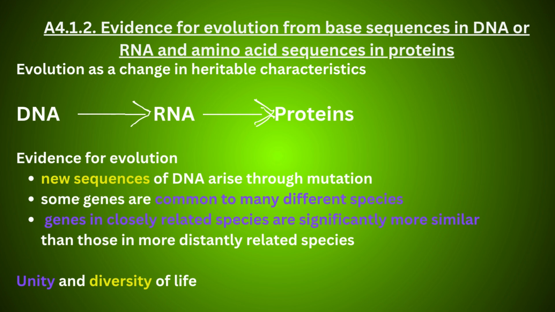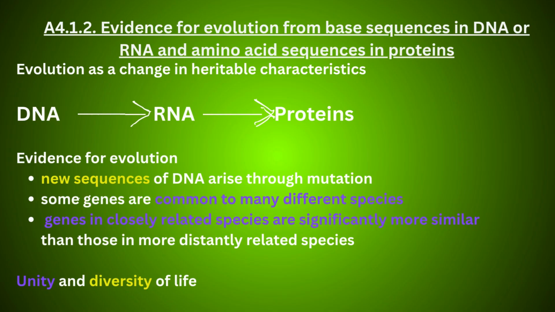We can actually observe these advantageous mutations becoming more common in a population over time, a clear sign of evolution in action. Secondly, the fact that some genes are common to many different species provides strong evidence for a common ancestor. If diverse species share fundamental genetic blueprints, it suggests that they all originated from a shared lineage.